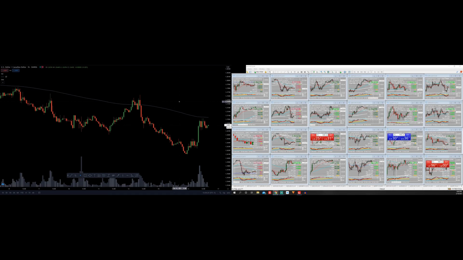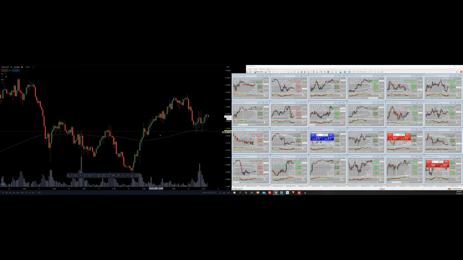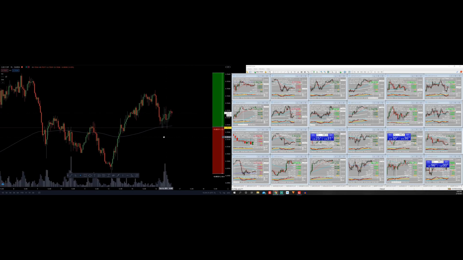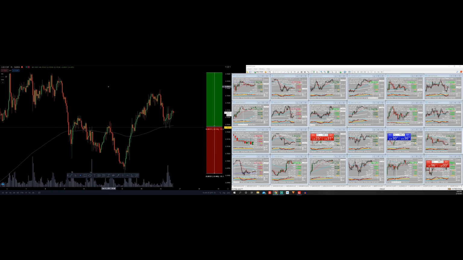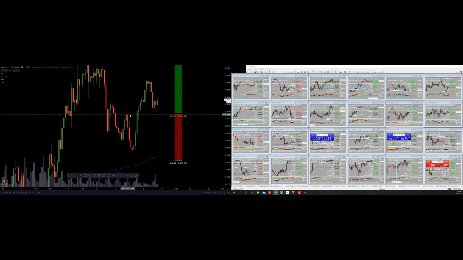So CAD CHF. I had this one posted on my last video about where I took the position. I had this level marked off here, this yellow line.